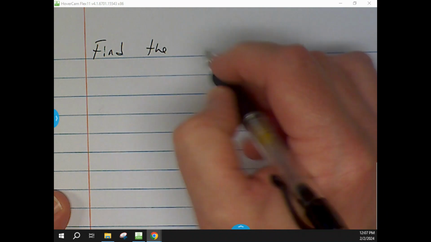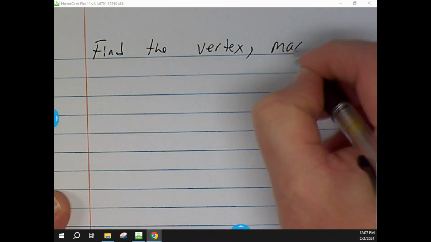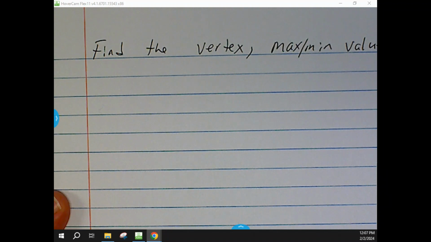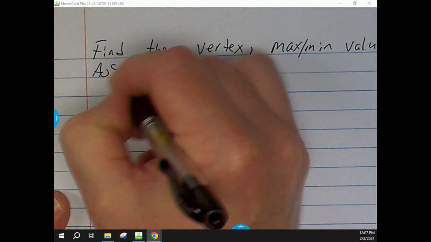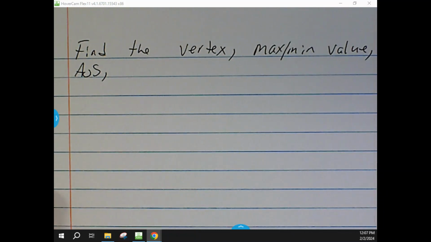We're going to find the vertex, whether it's a max or min, and what that value is going to be. We're going to do the axis of symmetry. And because these problems are a little bit different than the ones we were doing, we're actually going to add in one more thing here.